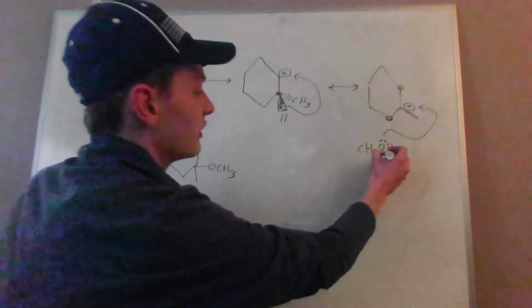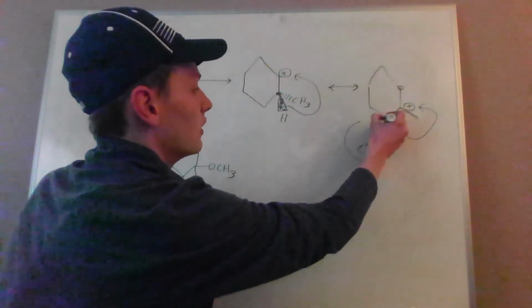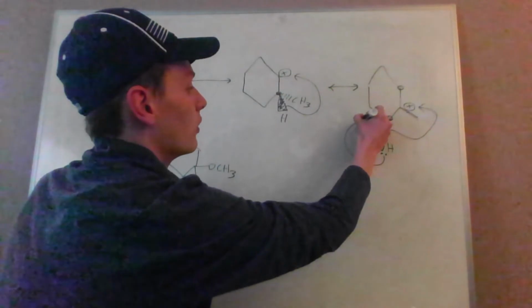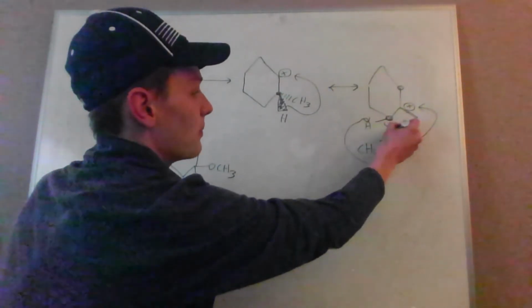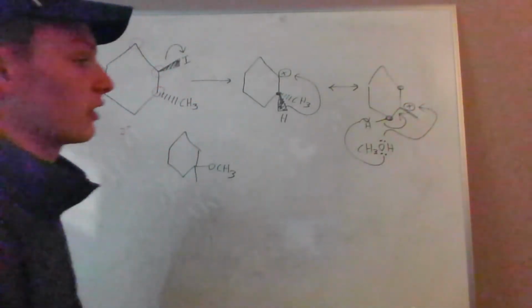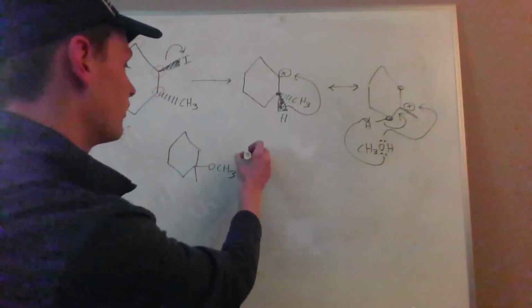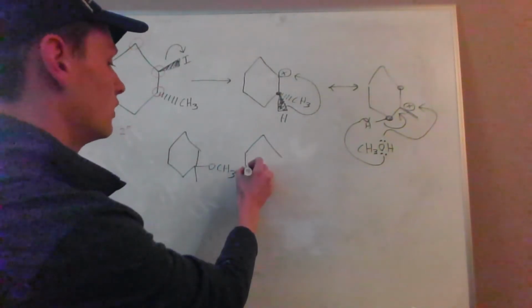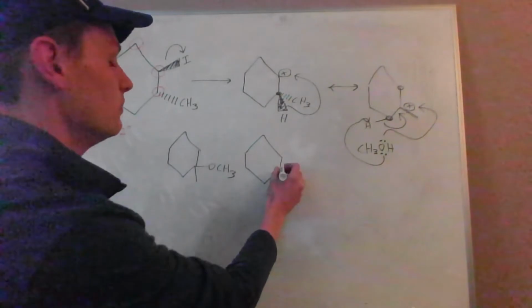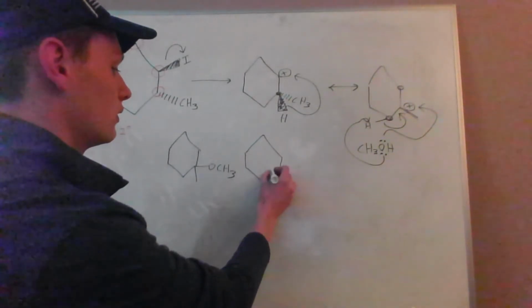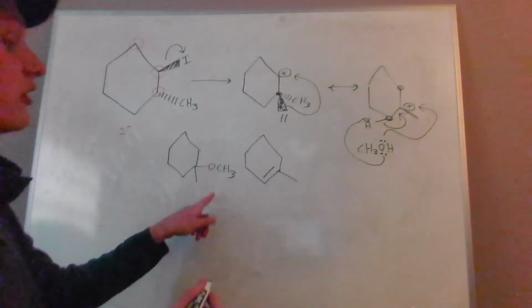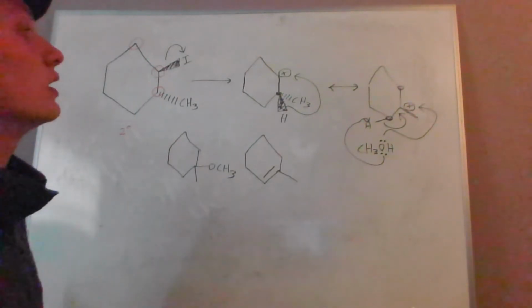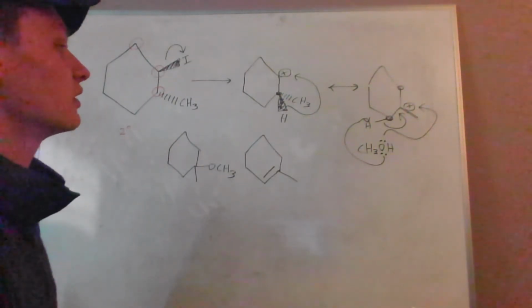So you could pull off either one. If we pull that hydrogen off, then that bond forms in there, and we get a very, very substituted double bond, which is awesome. So these two would certainly be major products.